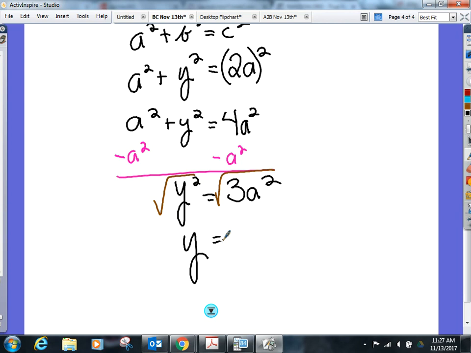Not the whole thing, but something inside. What can I take the square root of? A squared. What's the square root of a squared? A, and what's still underneath the radical? There's your y-coordinate: a radical 3. Woohoo!